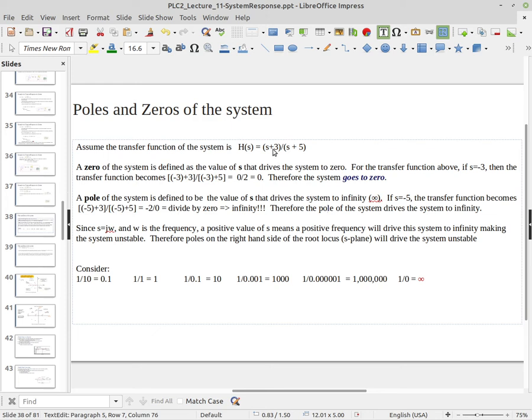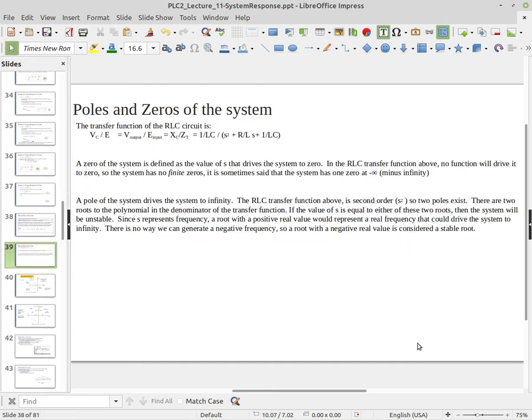If you drive the numerator to 0, you're driving the system to 0, so the system is just going to stop, right? It's not going to be moving because you drove it to 0. It's just stopped. So zeros aren't dangerous, but poles could be dangerous. And we can analyze this.